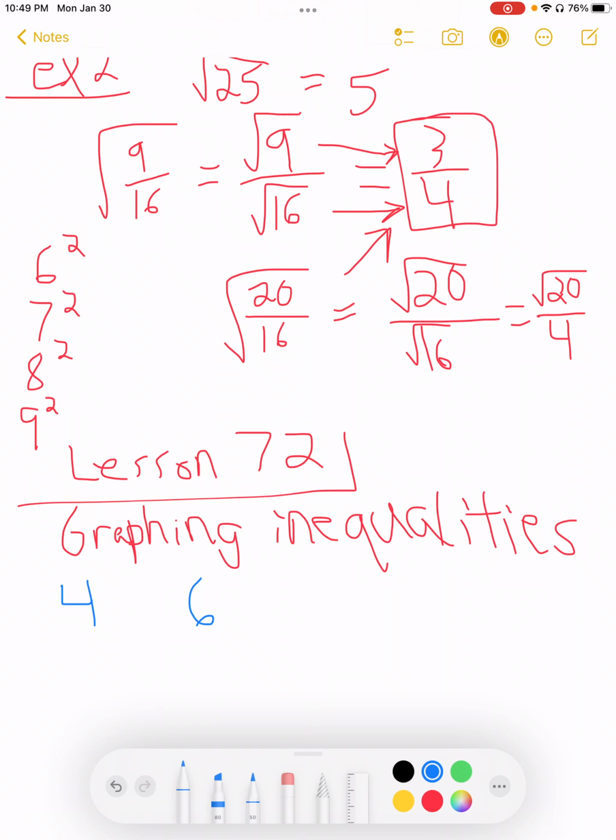But then you use this symbol here, you've seen before, this symbol that's a little alligator's mouth. You say, okay, well, 6 is larger than 4, okay? So you've seen that before. And we know that 6 is further to the right on the number line, and 4 is to the left on the number line, right?